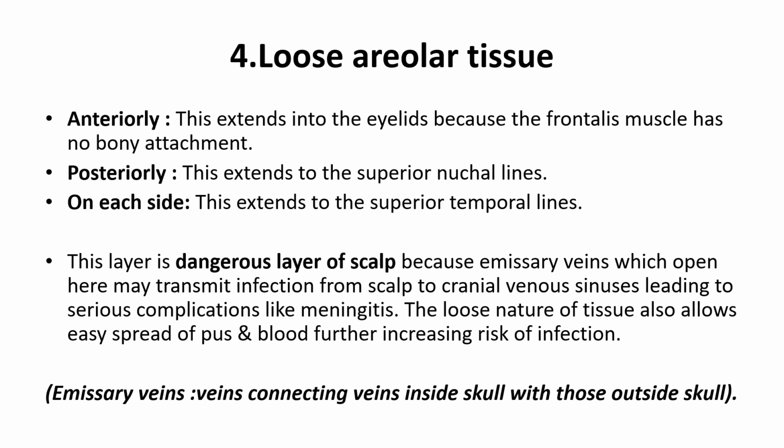Also, since this layer is loose, it facilitates the spread of infection and blood. So further it accentuates the risk of infection. So you must know about this layer in detail, students. Loose areolar tissue, why it is called the dangerous layer of the scalp.